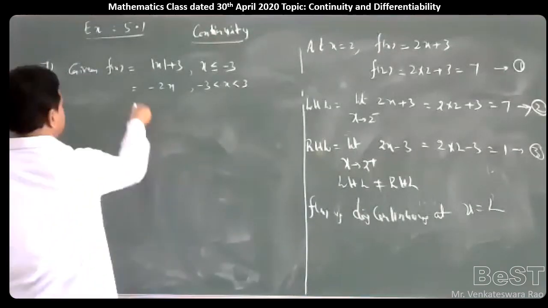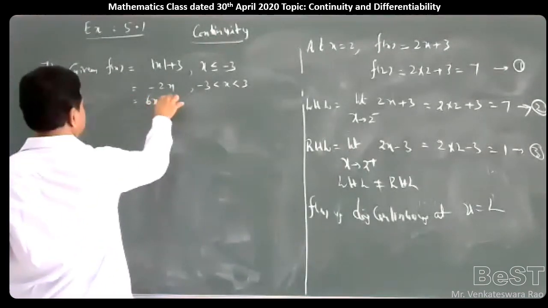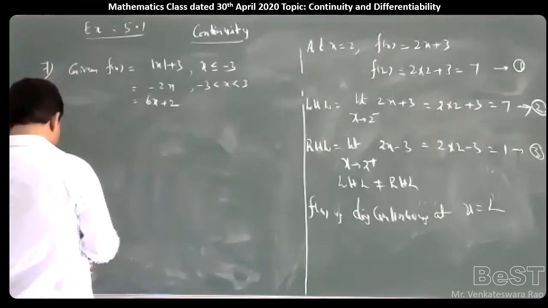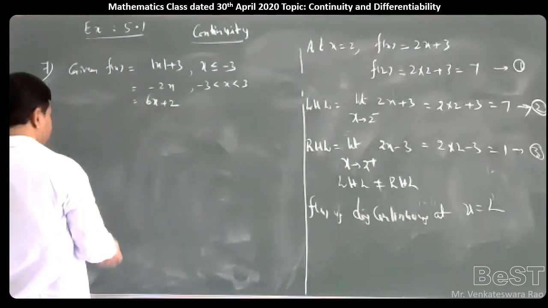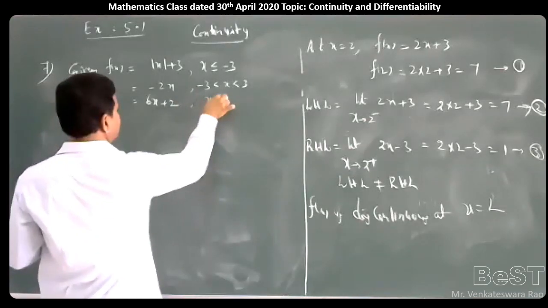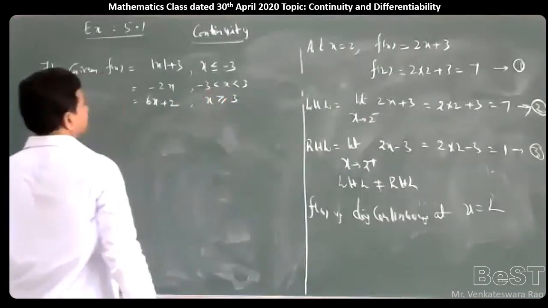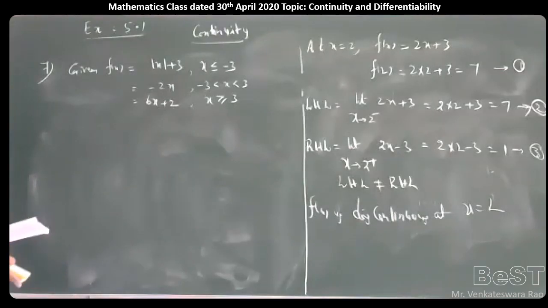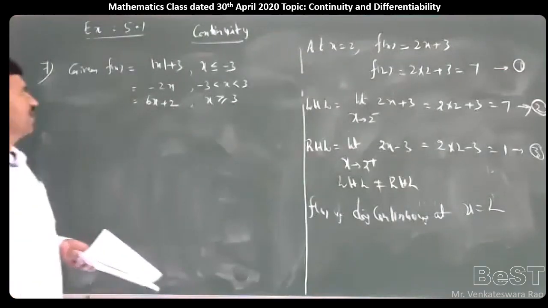It is equal to 6x plus 2 if x is greater than or equal to 3. We have to find the points of discontinuity.